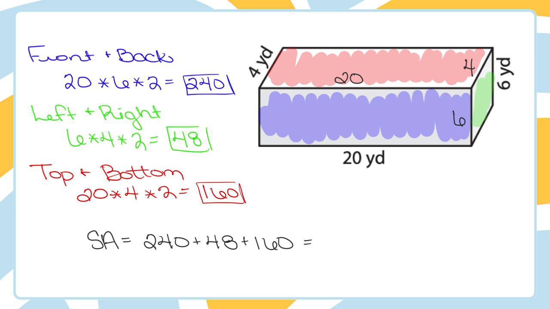John Henry? 368 goes away. It is not. Double check your math. Mary? 448 yards squared. Very good.